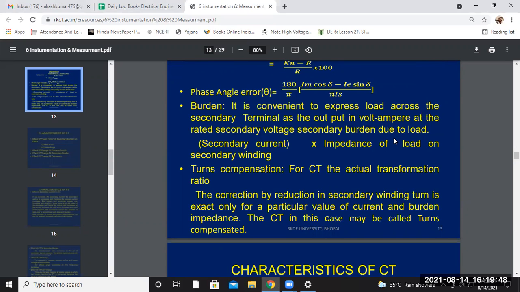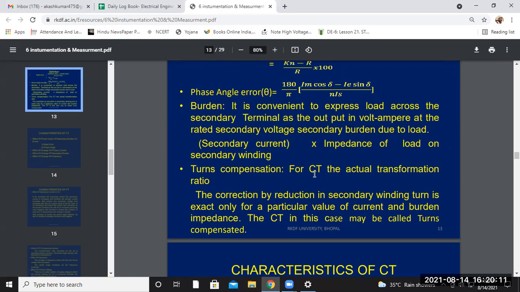For the CT, burden is given as the secondary current into the impedance of the load on the secondary. That is the concept of the burden of the transformer.